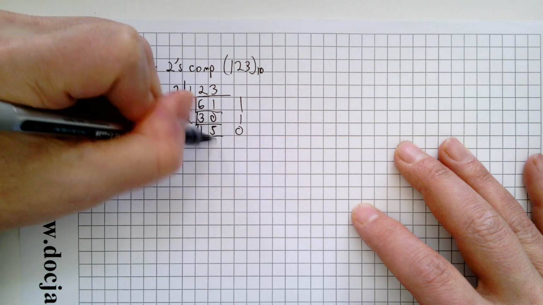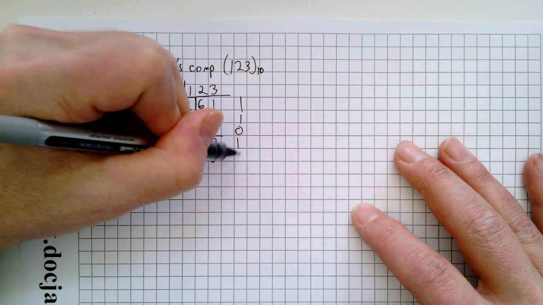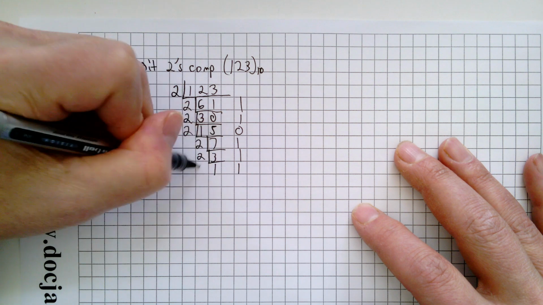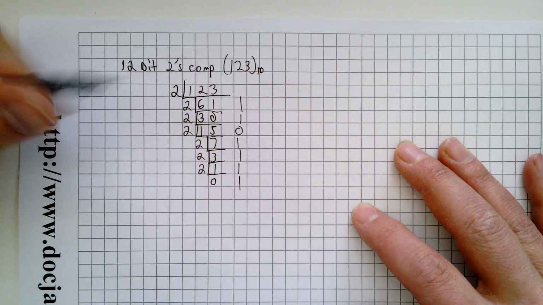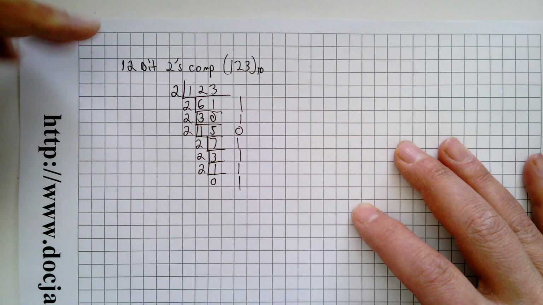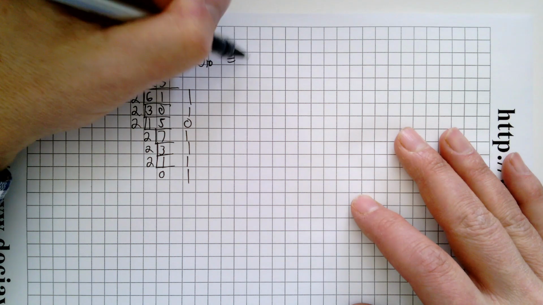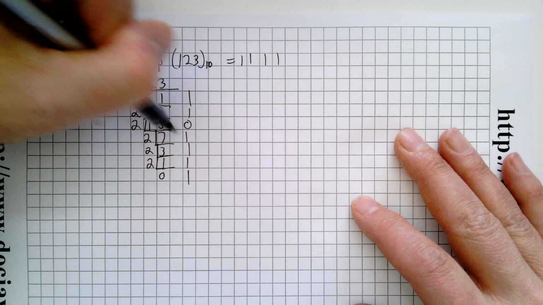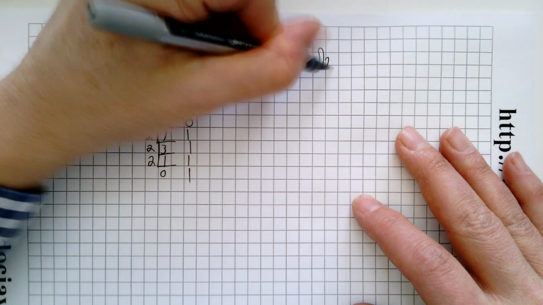We have 7 with 1 left over. Then we have 3 with 1 left over. Then we have 1 with 1 left over. Then we have 0 with 1 left over. Did I make any mistakes? Professor Lyon knows how to divide by 2. Yay, okay. So that must be equal to 1, 1, 1, 1, 0, 1, 1, base 2.